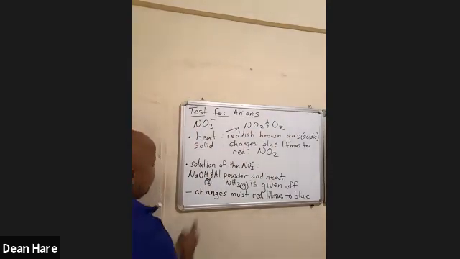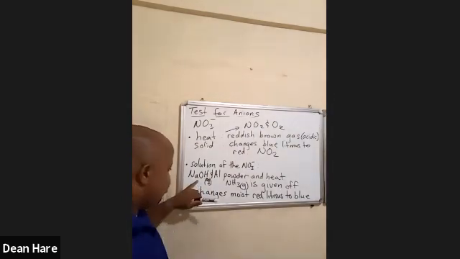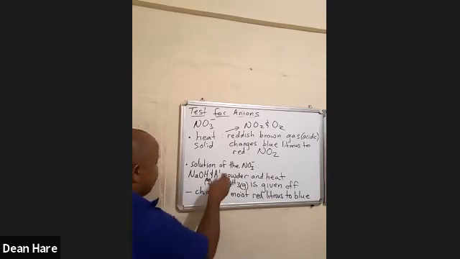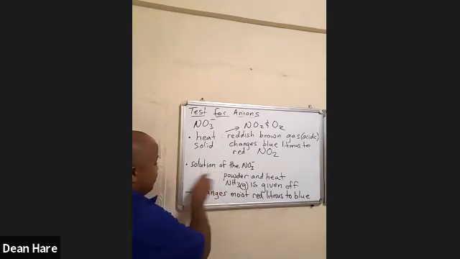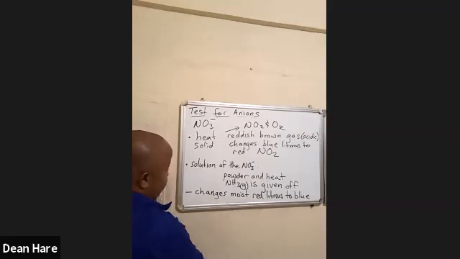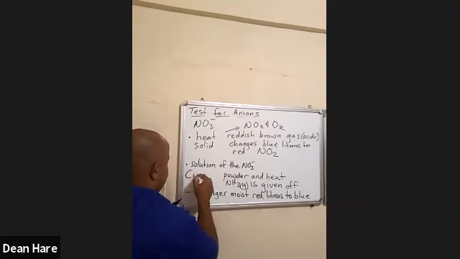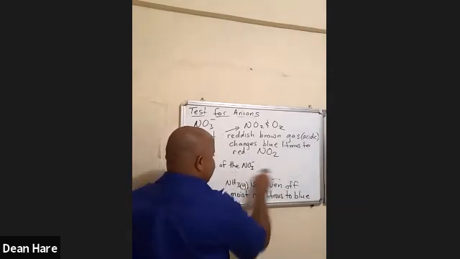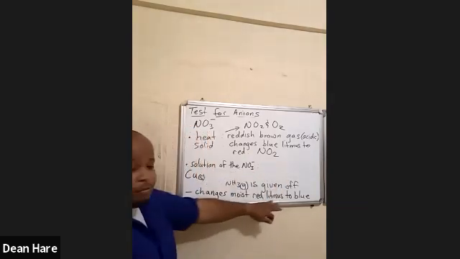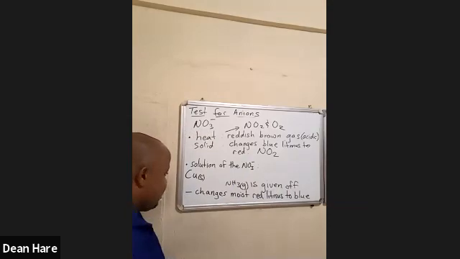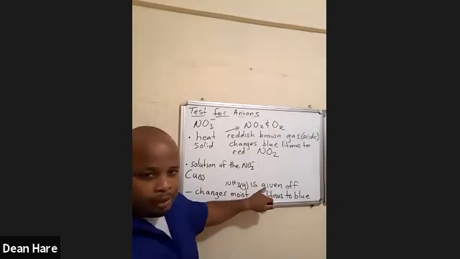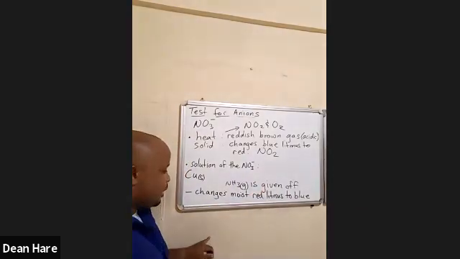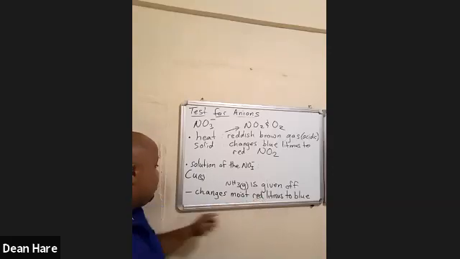And so remember now, most times, most of them is aluminum and sodium hydroxide. As I said, on the 2010 paper, I think it was, they use copper metal and sulfuric acid. But in terms of observation, it is the same thing. You will get the ammonia gas, and you test it using red litmus paper.